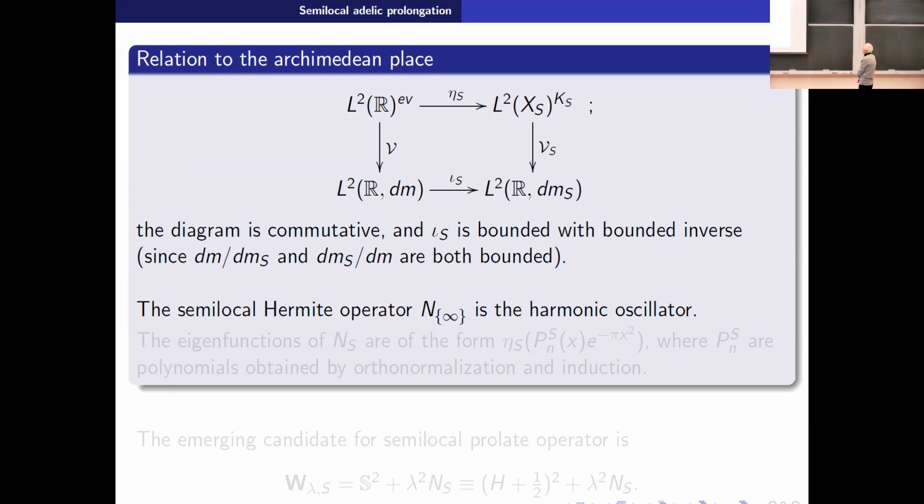Now, the number operator, well, let me remind you that the semilocal Hermite operator applied to the S, which is only the singleton, the Archimedean place, is just the N which we had before, which was the harmonic, the Hermite operator.